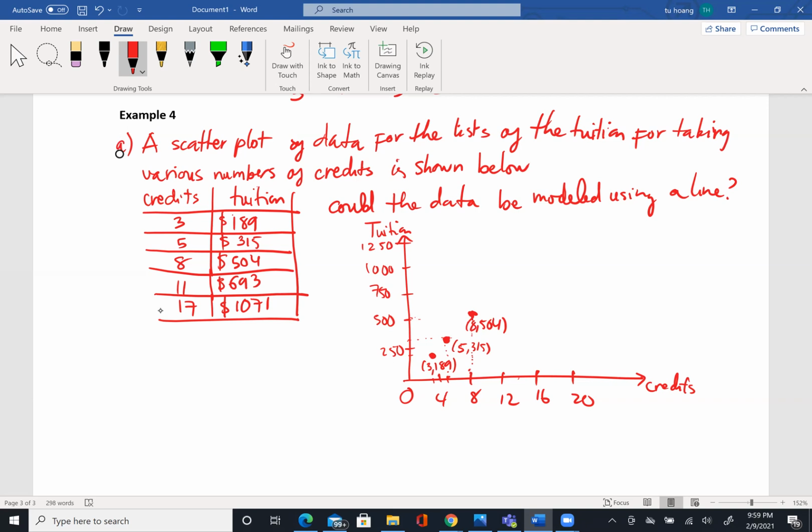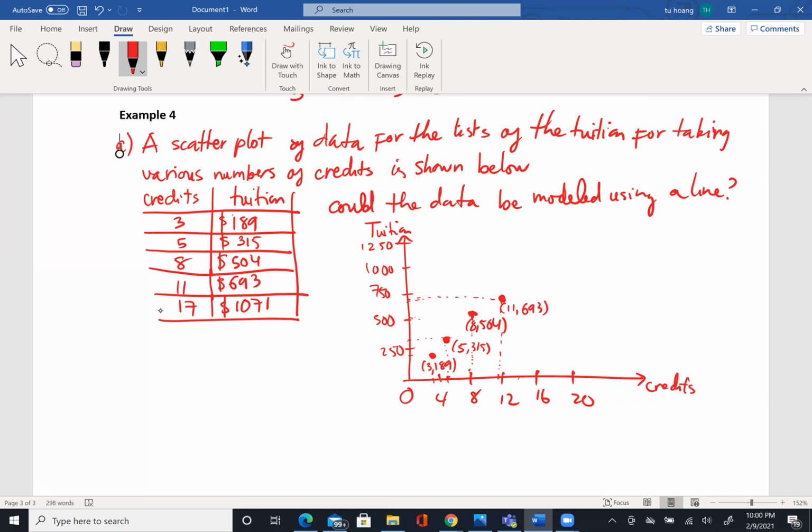And then 11 and 693, which is almost 700, so around here. So this one is 11, 693.